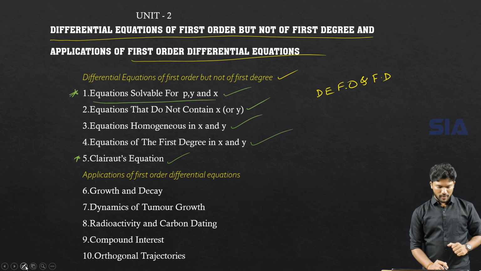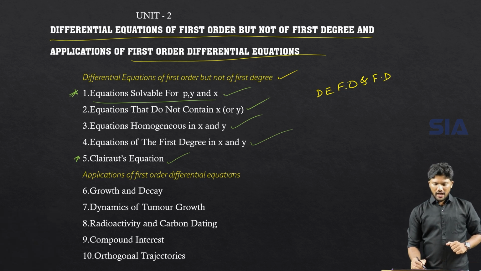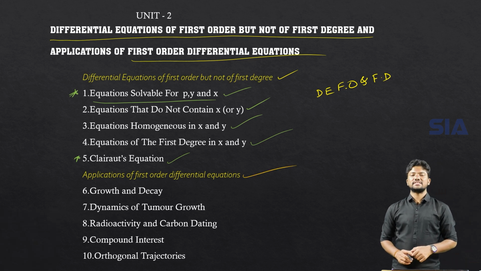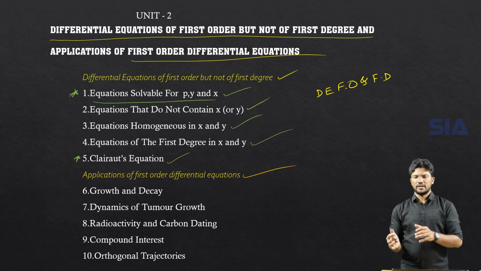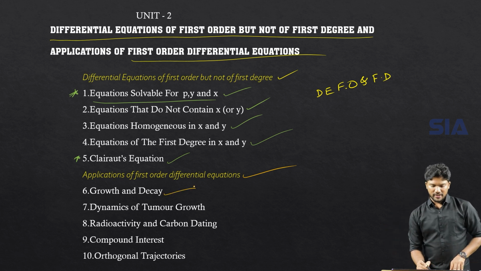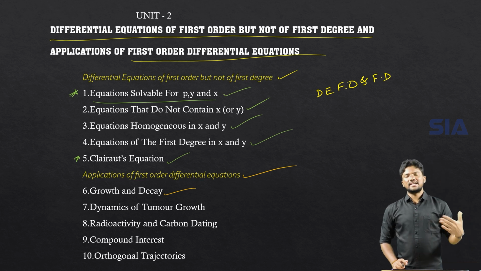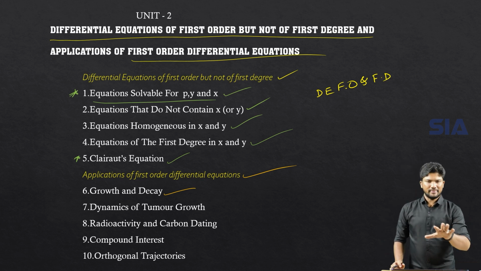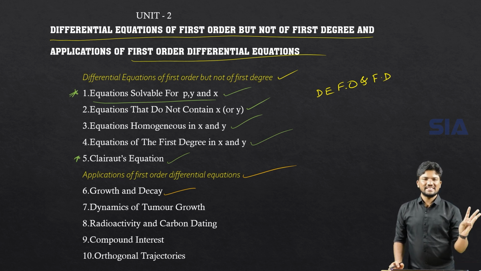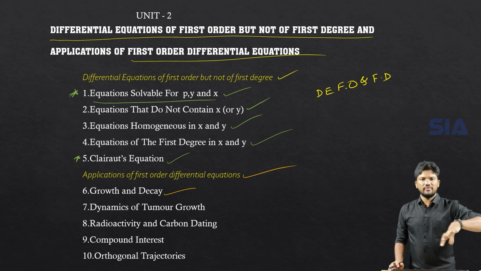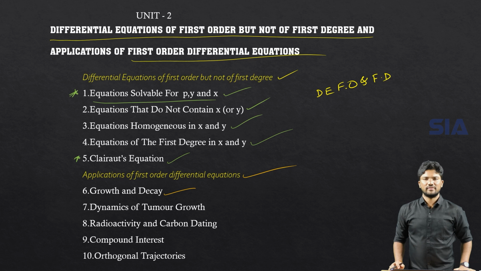In the second half part you can see applications of first order differential equations. You know very well what first order and first degree are. Applications means these are all science related topics. Mathematics involves all aspects of science. So in physics, chemistry, biology, economics, everywhere related to mathematics we can use applications of differential equations.